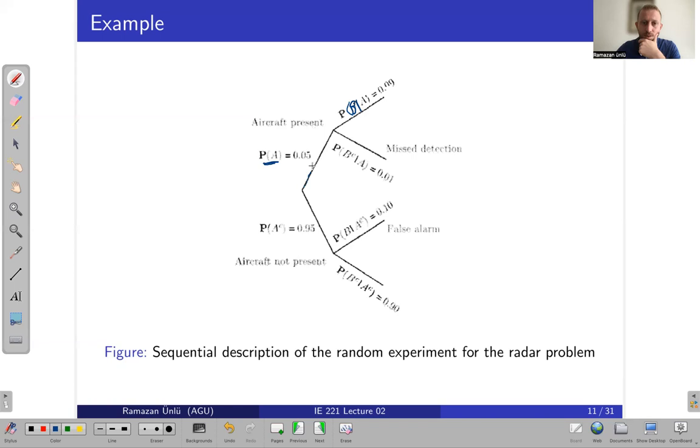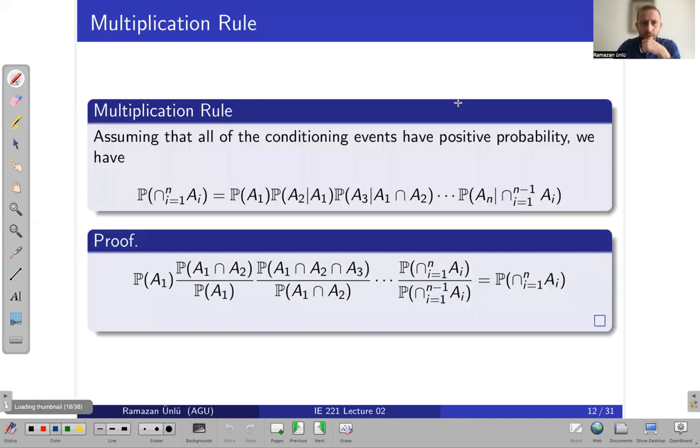What we did here, we simply multiplied P(A) and P(B given A), so the result of this multiplication gives us the probability of occurrence of A and occurrence of B. By using this piece of information, we can generalize this multiplication for n events, and we call it the multiplication rule.